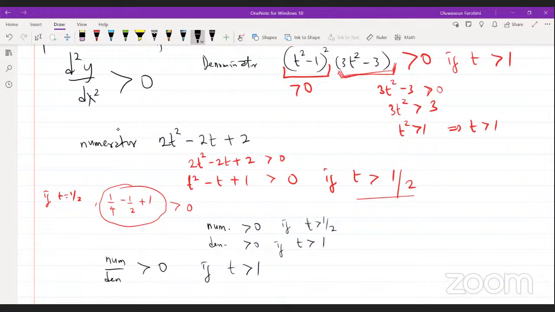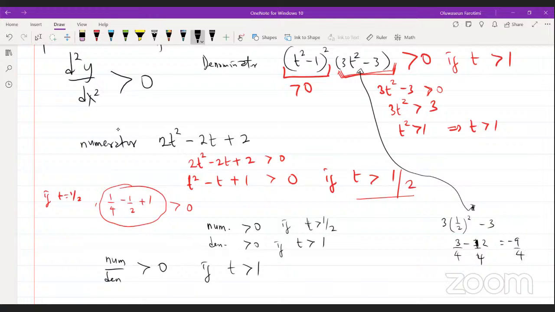If I pick anything less than 1, let's see. Let's assume I pick t equals 1/2. Let's come back here. I picked 1/2, right? So that way I have, let's see, this is like 12/4. That means you have a negative 9/4.